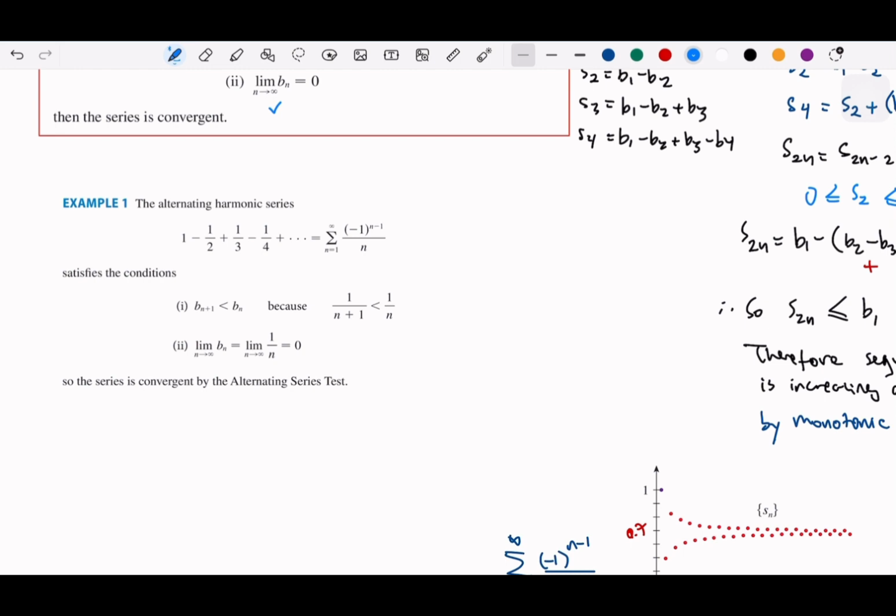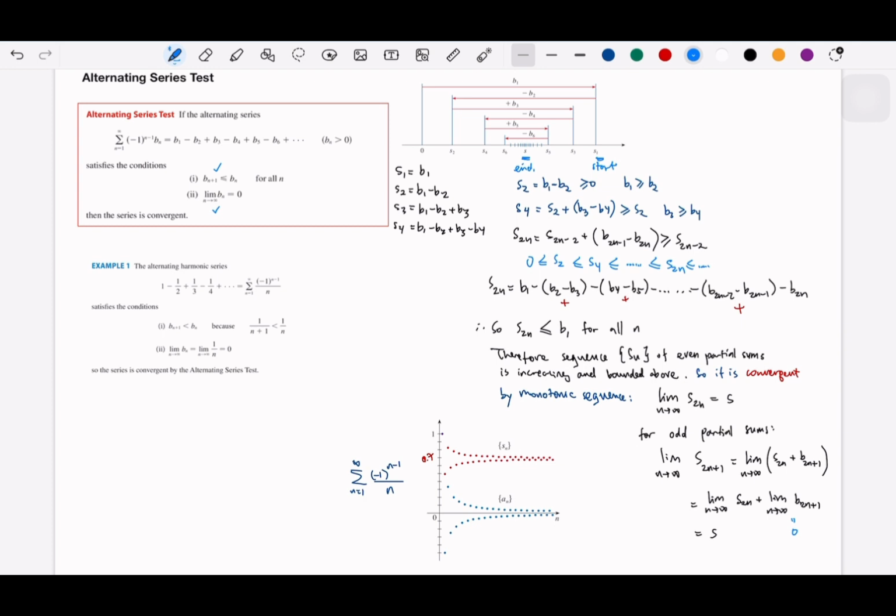This is for sure alternating, and that is the only way we can have the alternating series. So again, some knowledge on limits would be very, very helpful.